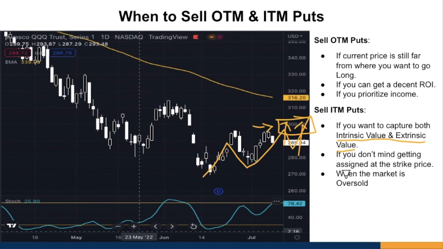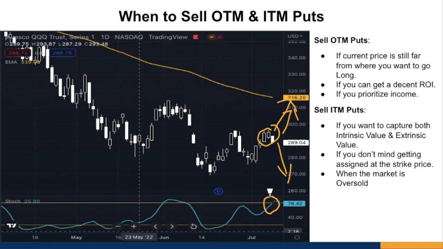Finally, for in the money puts, I would suggest that you always take a look at this indicator to see whether it is overbought or oversold. The last thing you want is to sell in the money when the market is overbought. If the market is overbought, there's a higher probability that the market is going to go down than up. Of course, this is not always 100% accurate, and the market can still keep going up, but you definitely do not want to fight the movement of the market.